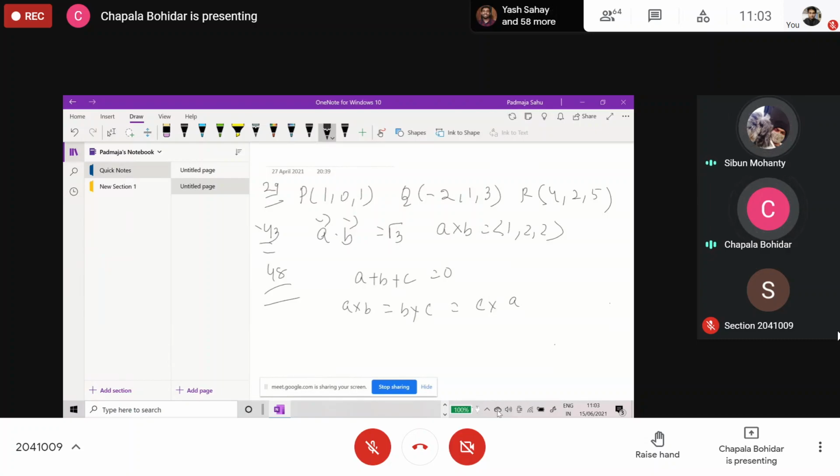Then we multiply with a cross product with A on the equation. What do you get? A cross A, B cross A, C cross A. If you multiply with that, it is easy to solve.